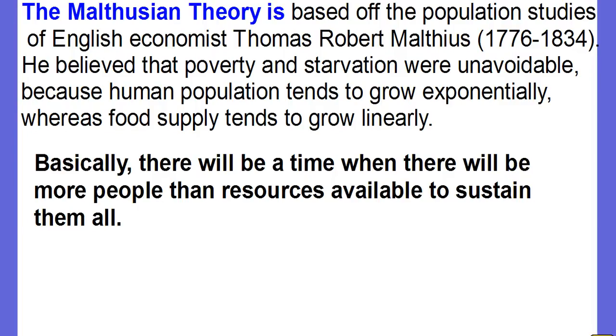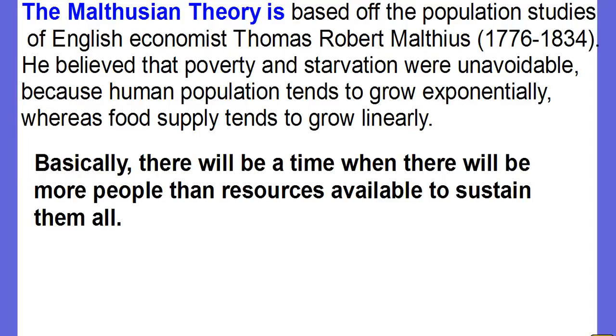Okay, so now we're going to talk about something really depressing, but true, and people should learn. Okay, the Malthusian Theory. We're going to study that a little bit. The Malthusian Theory is based off the population studies of an English economist, Thomas Malthus, who you can see lived back in the day, like way back in the day.